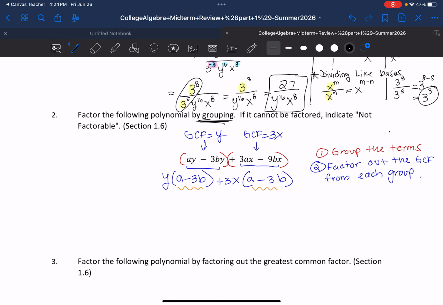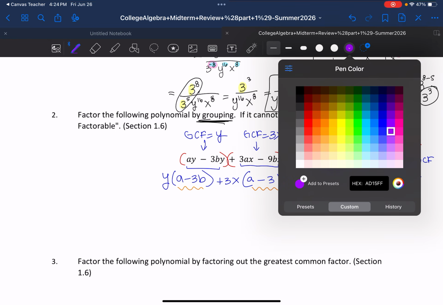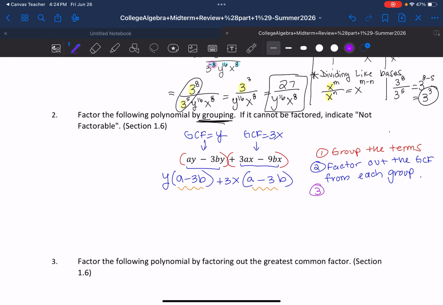So step 3 is to factor out the GCF from both terms. And the GCF will be the factor that matches.